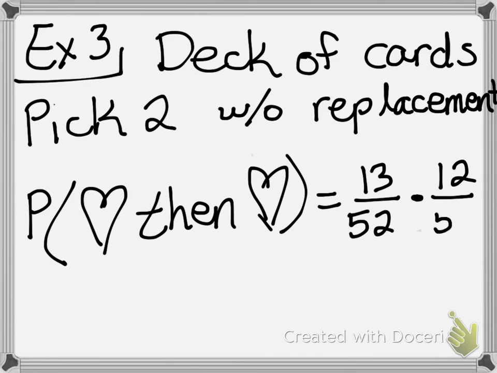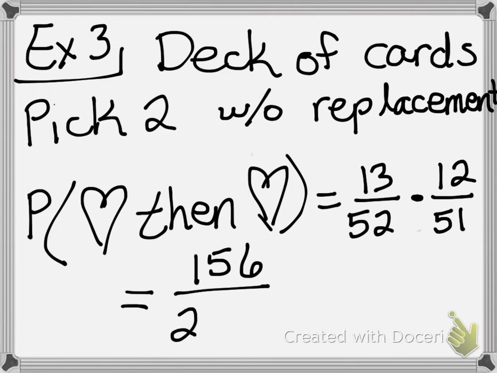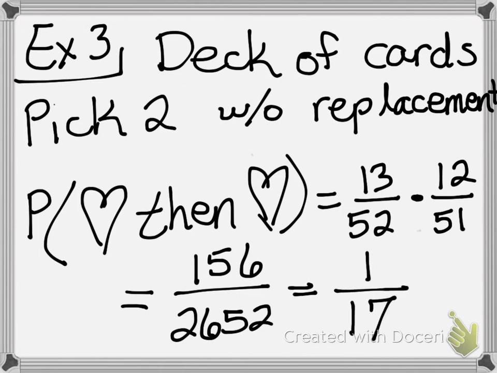And there's only 51 cards total. So same type of thing here. Multiplying. You get 156 divided by 2,652. And that actually simplifies to 1/17. Fraction, decimal, or percent will be your answer.